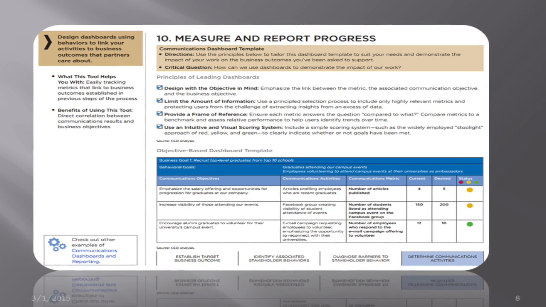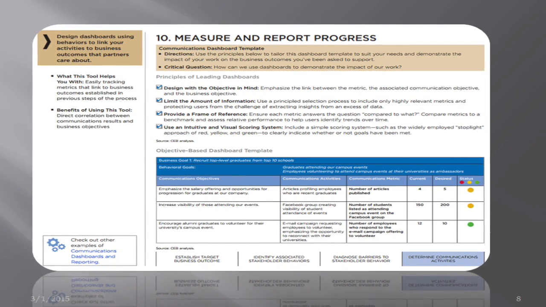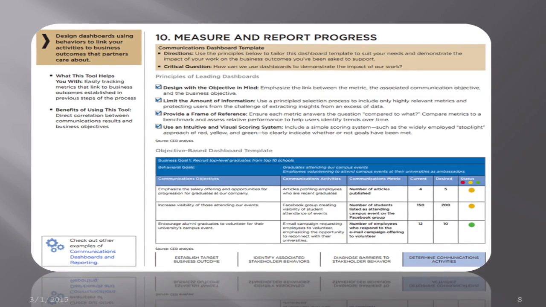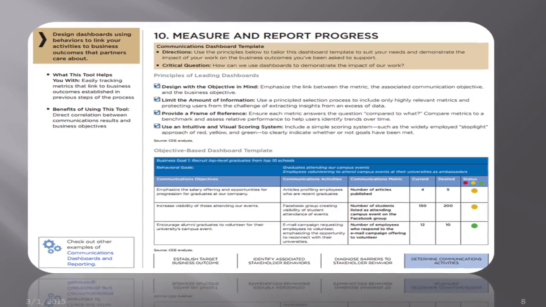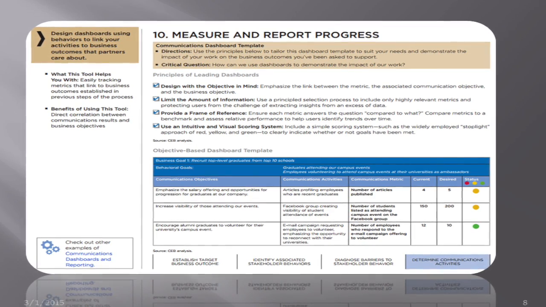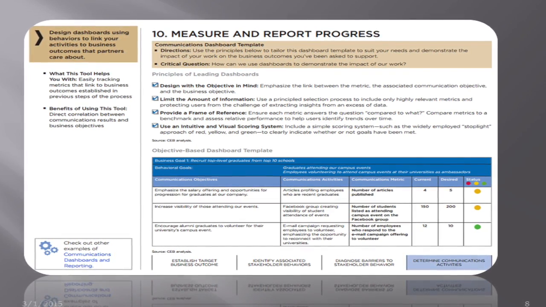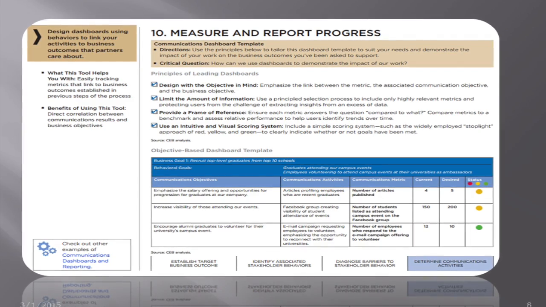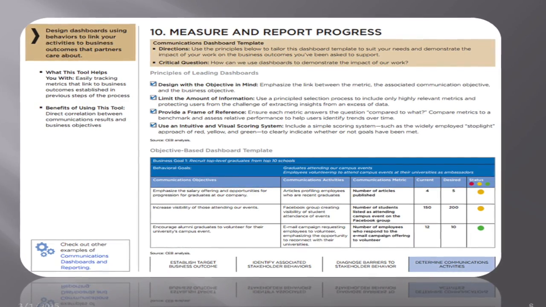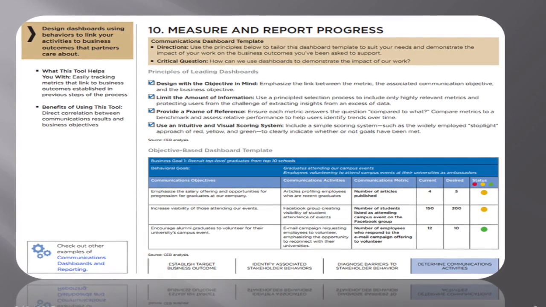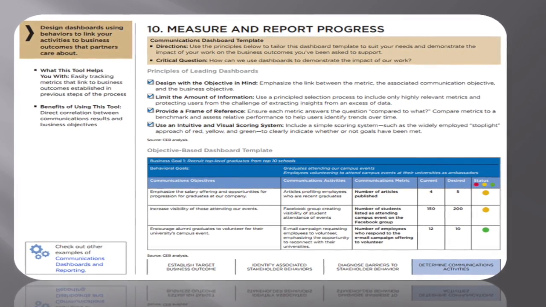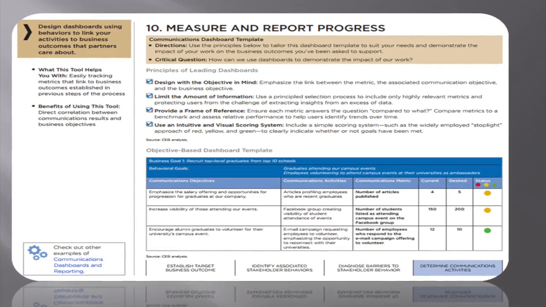Now, beyond ROI and ROO, it is very important to measure and report out progress. This is important so you can fine-tune your strategy and targeting for your own good, but it's also useful to manage the expectations of your business partner. The above is an example of a section from a worksheet I've posted under week 9, and it includes a sample progress report to achieving your desired outcome.